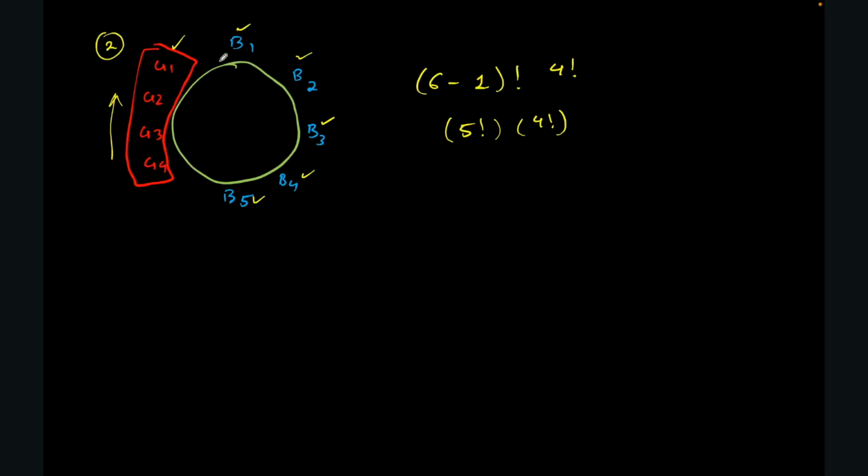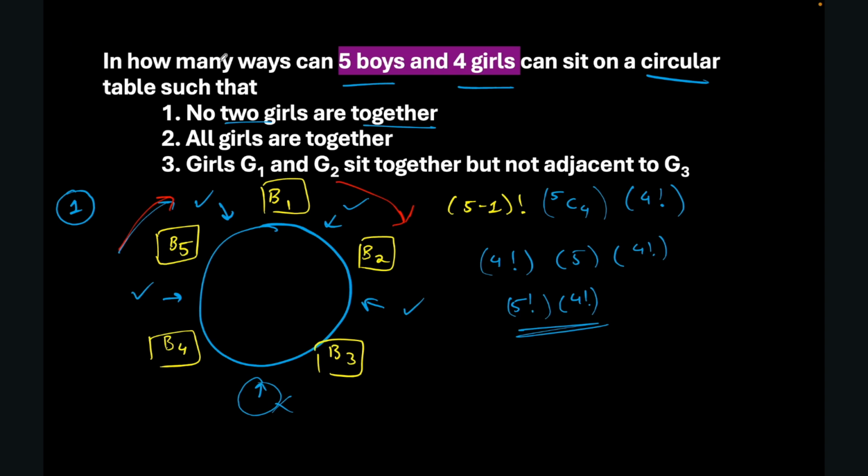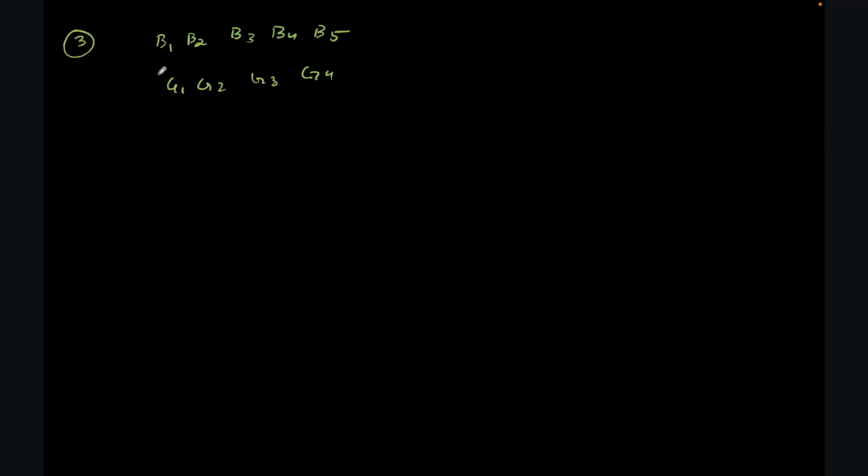Now, we're told that girls G1 and G2 sit together, but not adjacent to G3. Maybe they have some beef. So let's block them up together because they're going to sit together, and these two cannot be together.